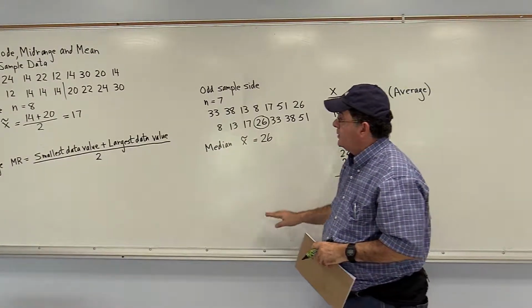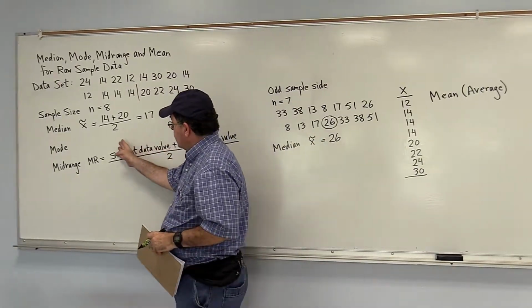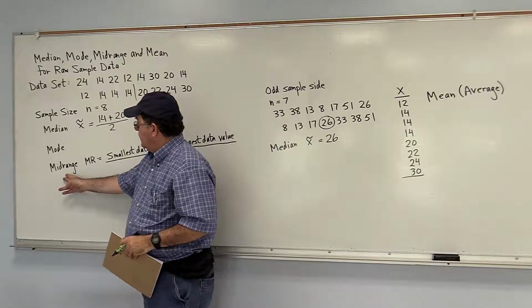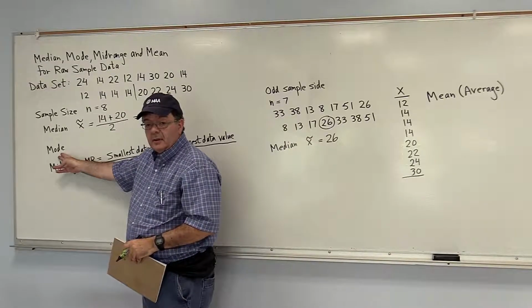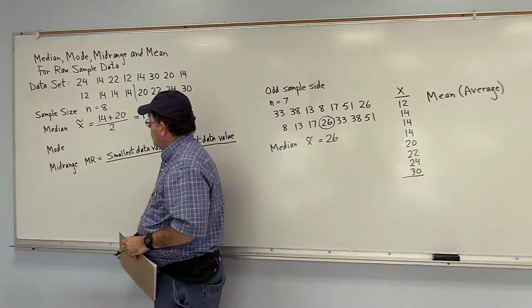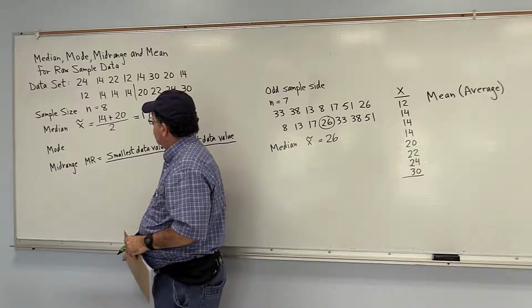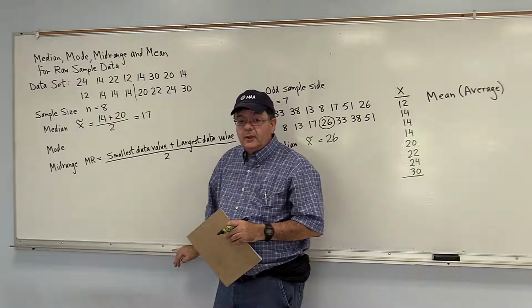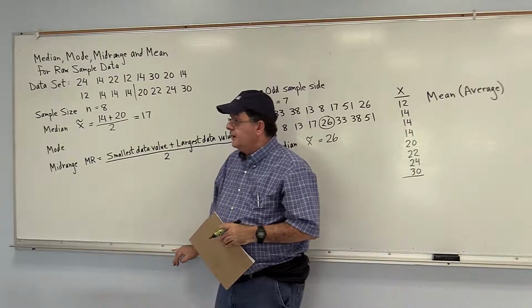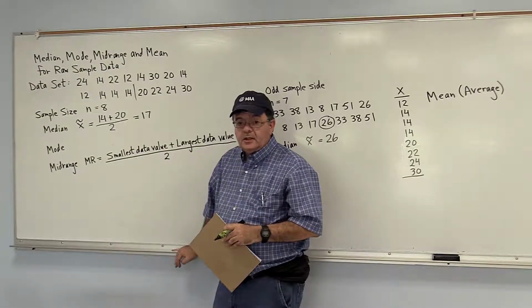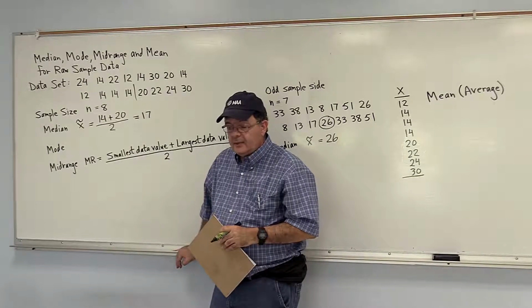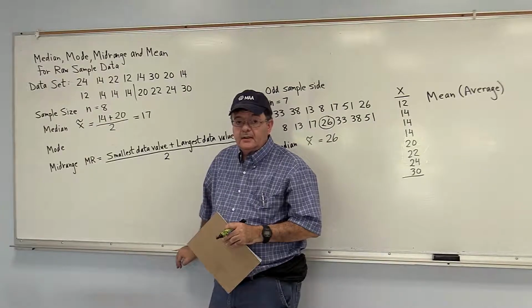Now let's go back to our original set of data and talk about the mode and the mid-range. The mode is about the easiest thing that you can compute. The mode is the piece of data that occurs most often in the list. It has the highest frequency of occurrence in the list, if there is such. If no piece of data occurs more than once, then we say that the mode does not exist.